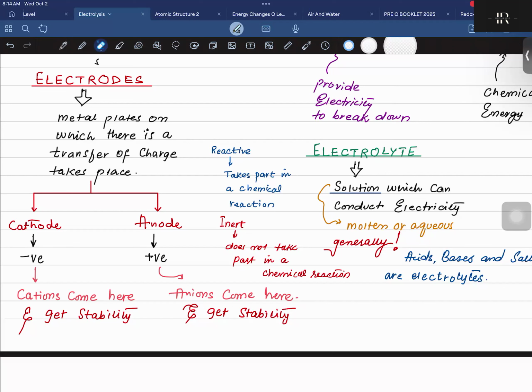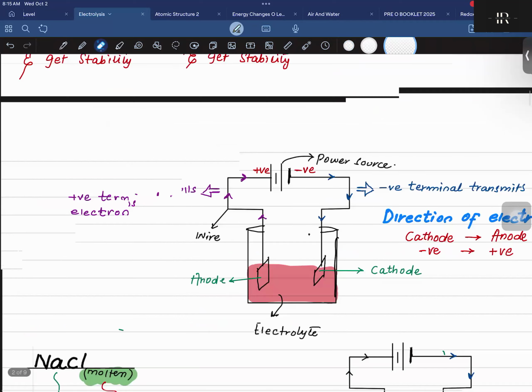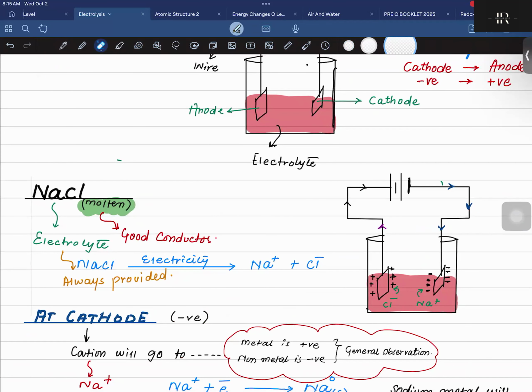So we are going to start electrolysis of sodium chloride. We have different cases: sometimes we have molten sodium chloride, sometimes dilute aqueous sodium chloride, and sometimes concentrated aqueous sodium chloride. We have three cases we would be discussing.